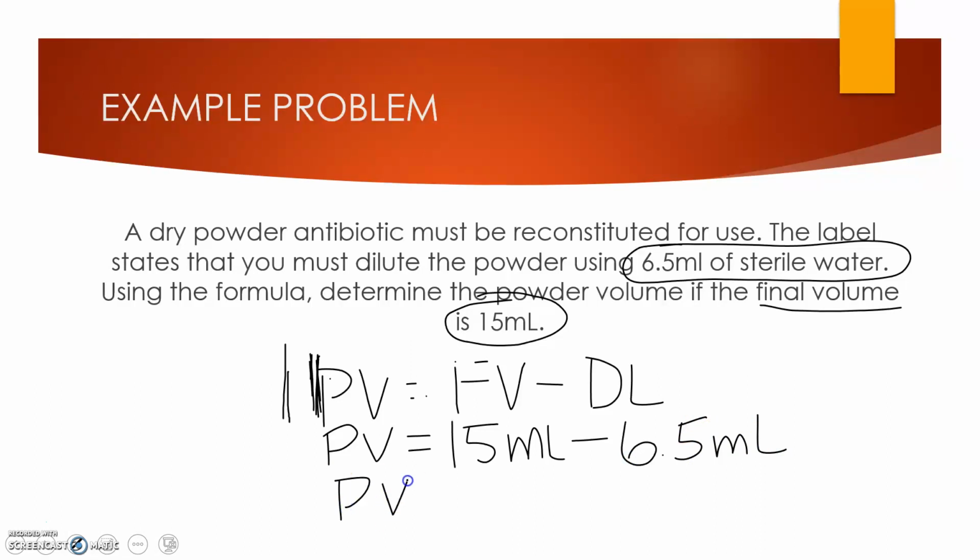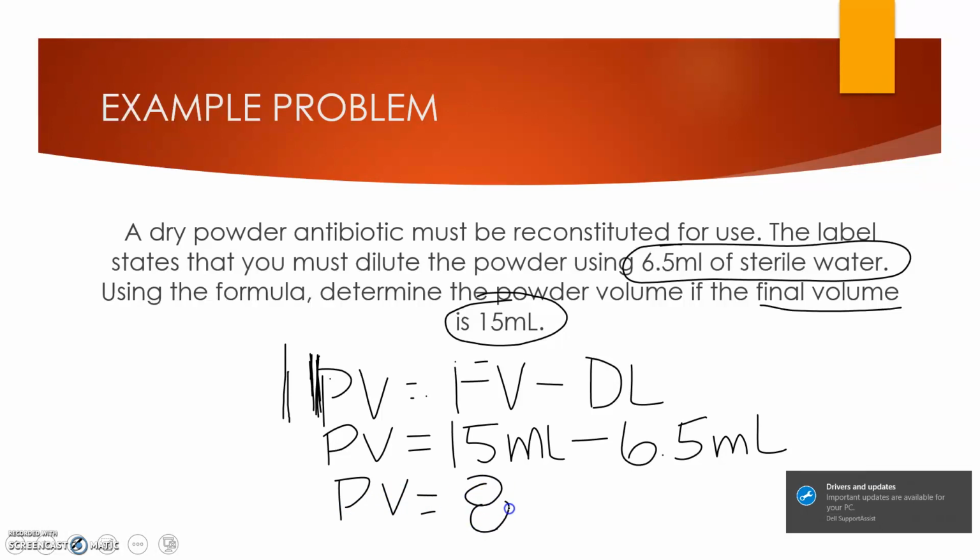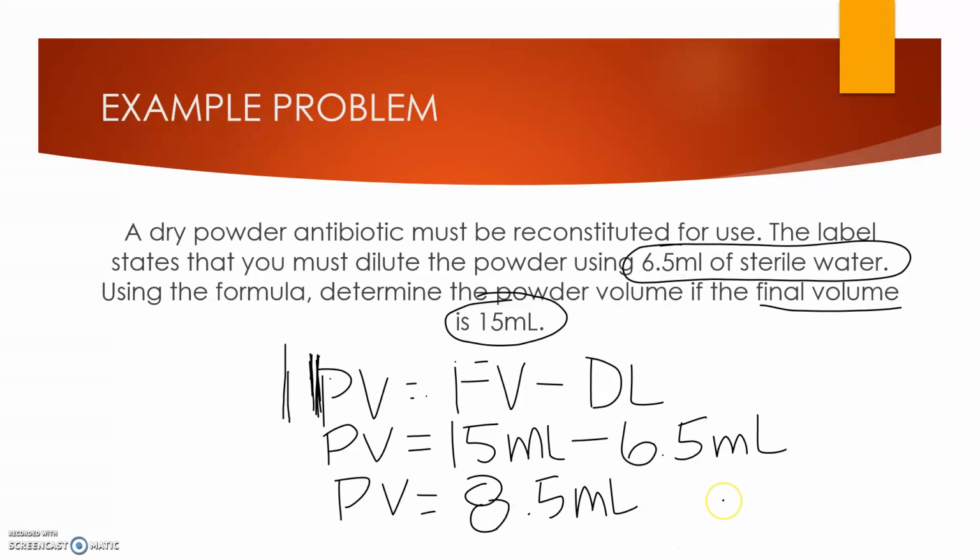So PV equals 8.5 mL. So that's a pretty simple question.